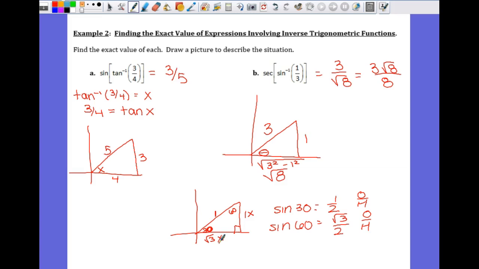We say that this is root 3 over 2. Okay, so that 2 right now we currently don't see here. So you're going to turn this into 2x. So a 30, 60, 90 has a 1x, root 3x, and 2x relationship with all their sides. So the way that I knew this was not a 30, 60, 90 is because you did not have a root 3 as part of your answer.